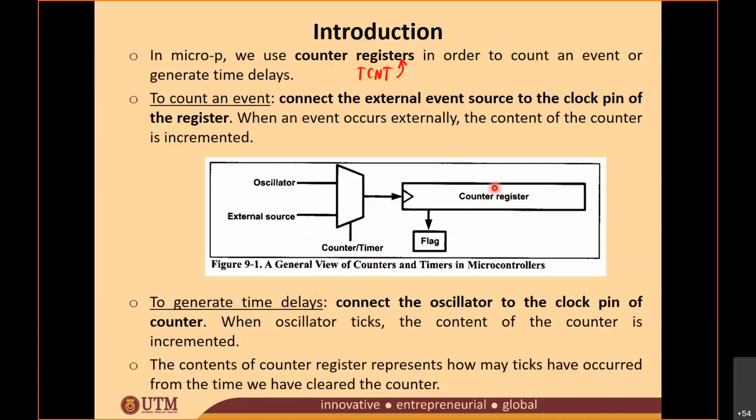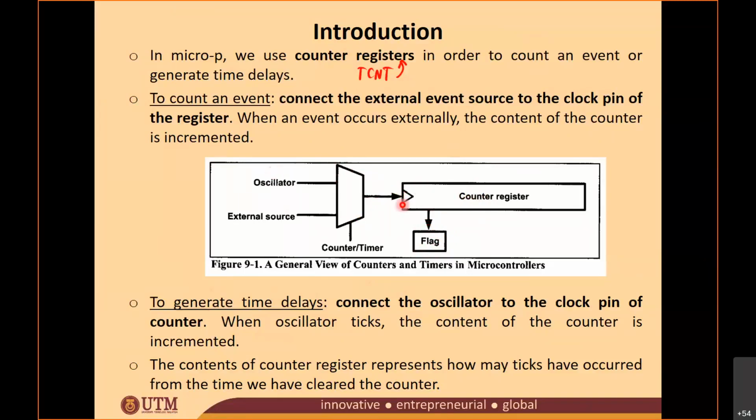You have a counter register, known as Tcnt, and then we have a flag. Whenever the timer delay that you're going to generate is complete, then the flag here will be set. Then you have a multiplexer here, which determines whether you're going to count an event or generate a time delay.